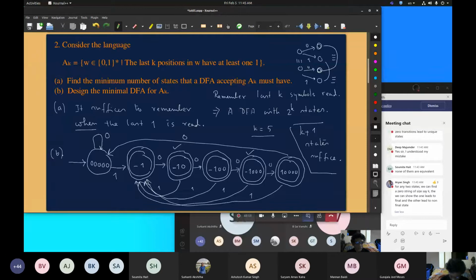Okay, the earlier suggestions like computing the index of this language, these things will also work, but maybe a little bit more complicated. Anyway, any such proof will be based essentially upon this idea. Okay, it doesn't matter anyway.